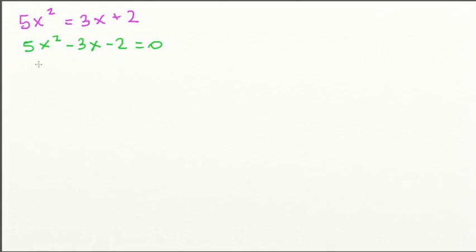Now, we have to look for common factors. Do these have any common factors? They don't seem to. Now, let's try and factorize. So for this problem, let's try and do split in the middle term.